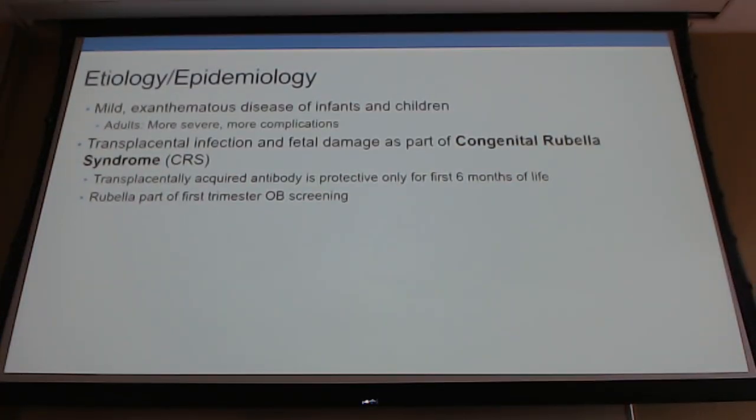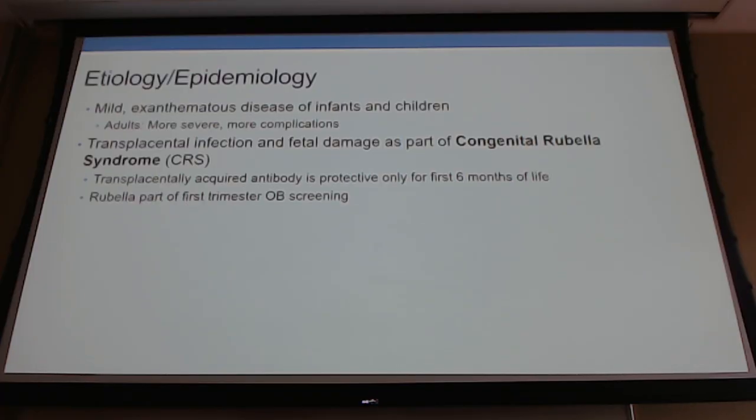So when we think about what things we have vaccines for, it's going to be for two reasons. One, we're going to vaccinate against something that's going to be really harmful to the patient. Okay, so we're going to vaccinate against polio so that kids don't get polio and have respiratory compromise, right?